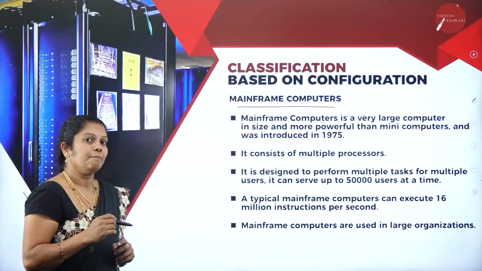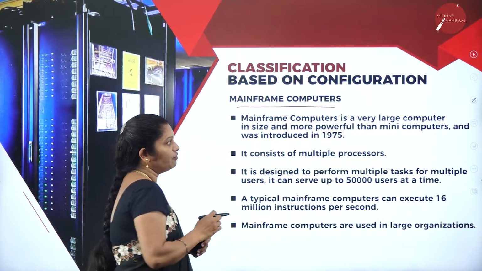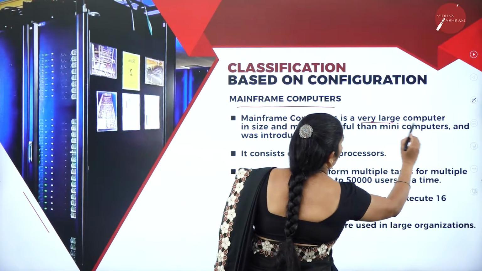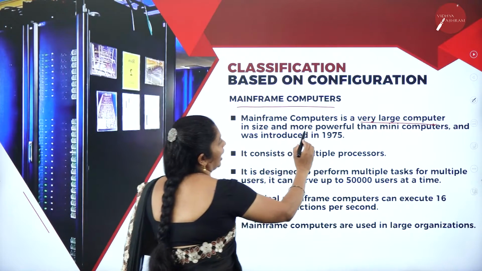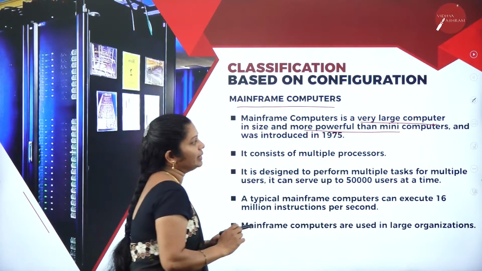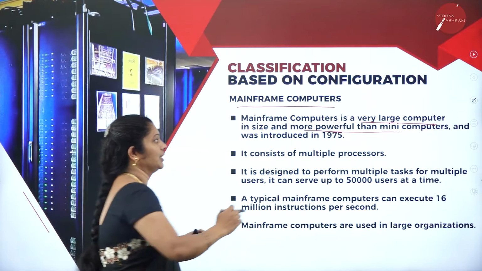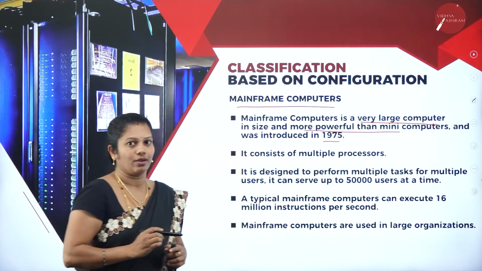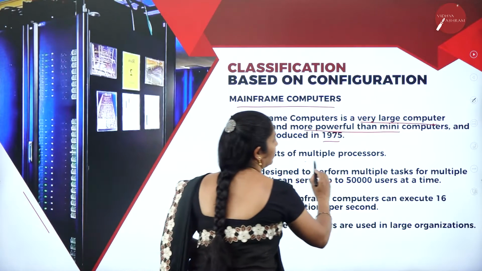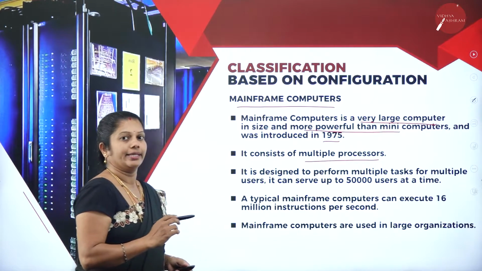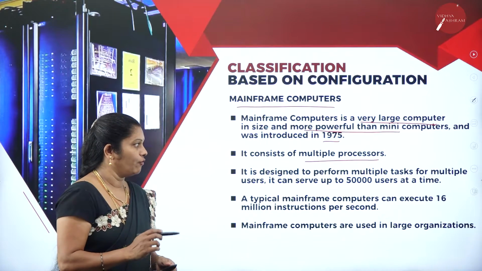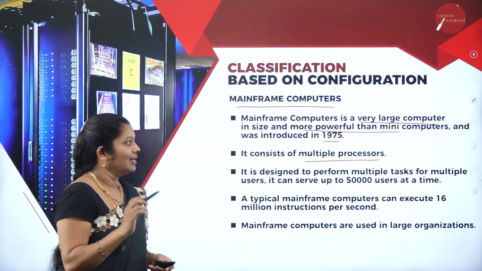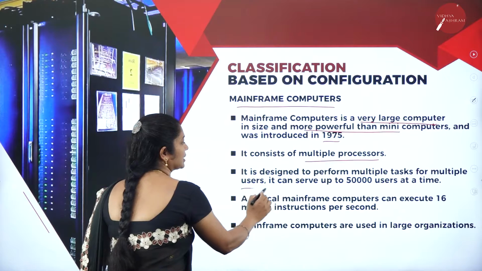The next one is mainframe computers. The third one is the mainframe computer. Mainframe computers are very large computers. It is very large in size and more powerful than mini computers, and it was introduced in 1975. It consists of multiple processors and is designed to perform multiple tasks for multiple users.